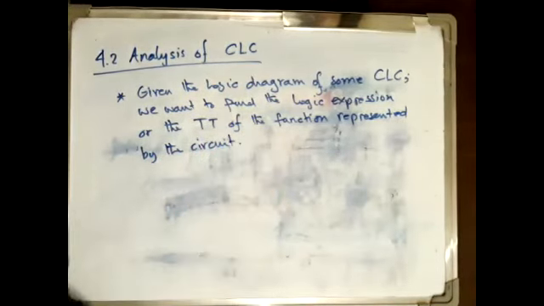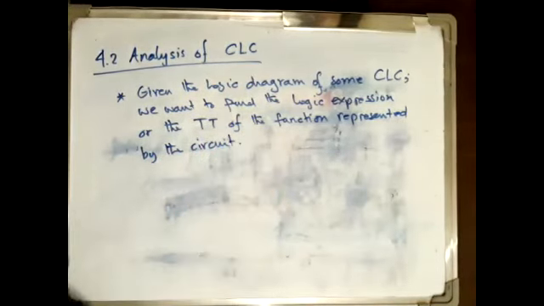Very straightforward. We have already done this in the last example with the tri-state buffer. So given some circuit or logic diagram, in the analysis, it is required to determine the logic expression for the function implemented by this logic diagram, or you might be asked to find the truth table of the function implemented by this circuit.